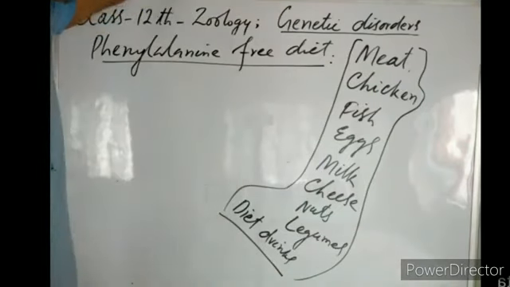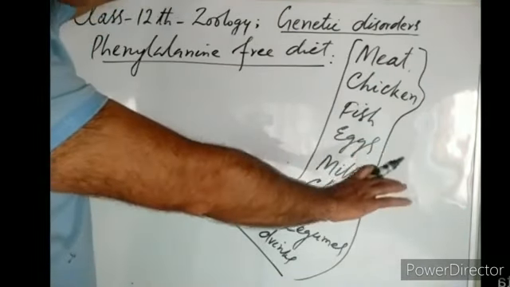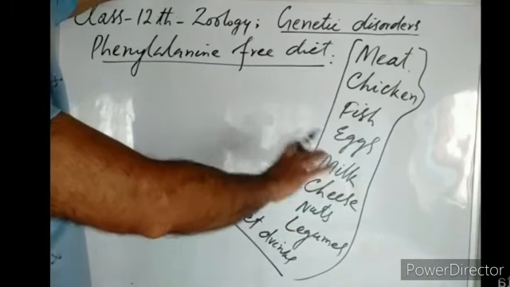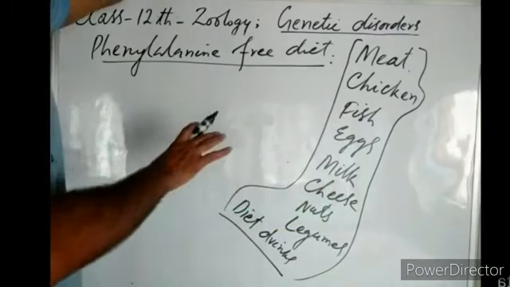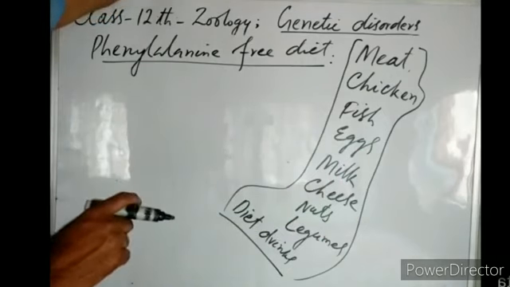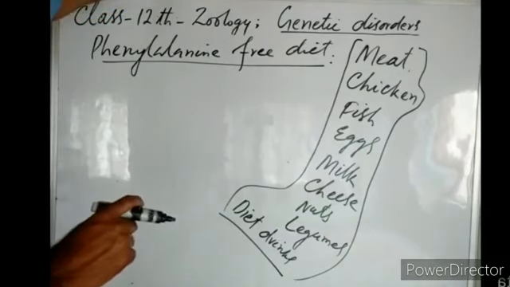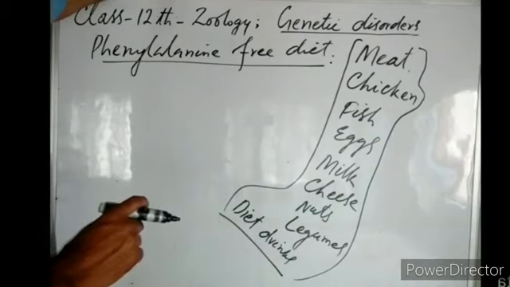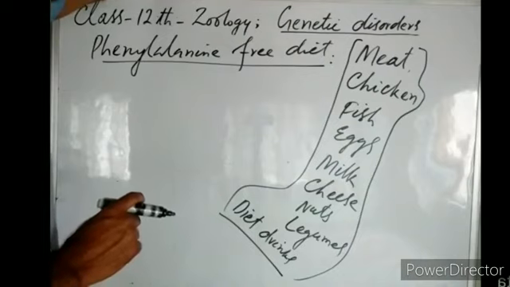So a person has to avoid these foods, because they are rich in phenylalanine amino acid. If a person avoids them, then the person will not suffer from phenylketonuria. So providing a phenylalanine-free diet to phenylketonuria patients may help them to recover.